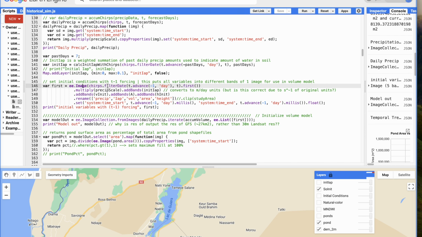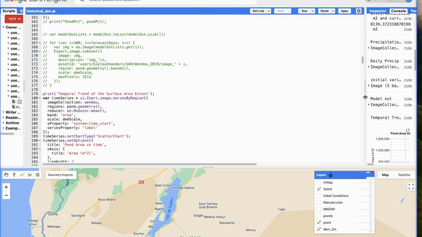So here it's going 1 day back in time, using your precipitation scale to apply that scaling factor, and then solving the equation mentioned in the Soti paper, where it's taking your initial volume and creating this image that has the initial volume as well as the initial area component and soil moisture component, all in one image.